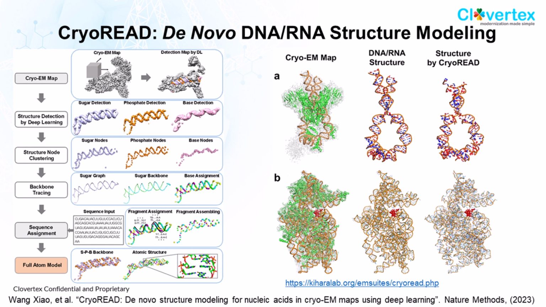Then in the next step, those sugar positions are connected to build up the main chain of the nucleic acid. After the structure is built, the DNA or RNA sequence is mapped to the structure by matching your sequence with the detected base assignment, and then refinement is done.